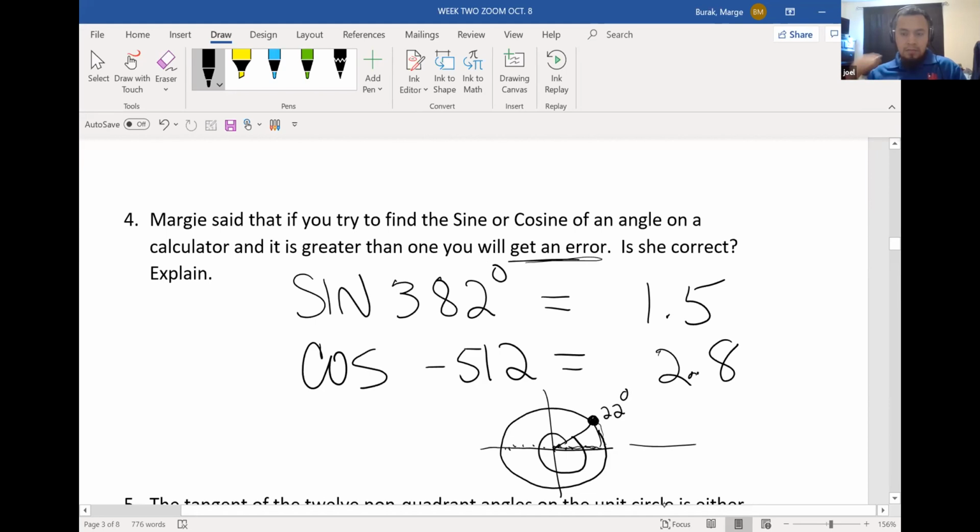Cosines will never be more than 1, and they won't be less than negative 1. So sines and cosines both only go up to the unit circle, only up to 1. Otherwise, you have to divide it by the radius, and you still get something less than 1. Try it on your calculator, sine and cosine of everything.